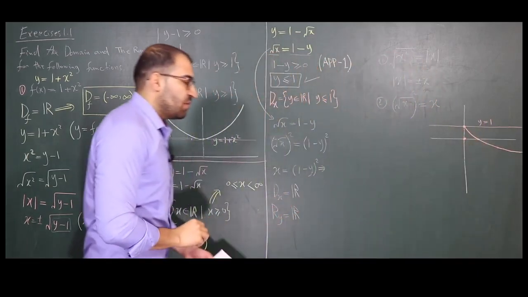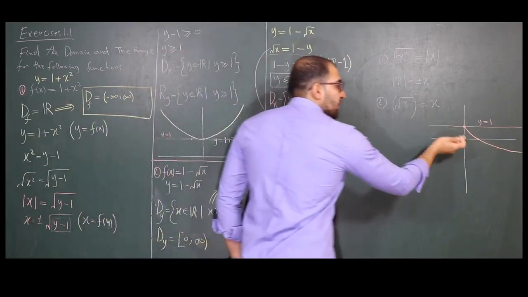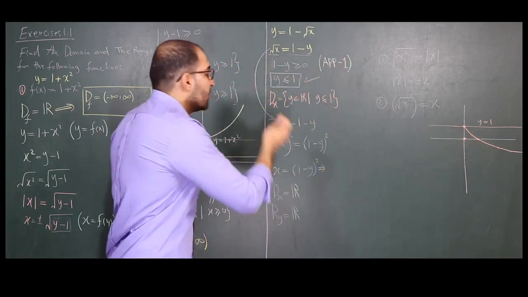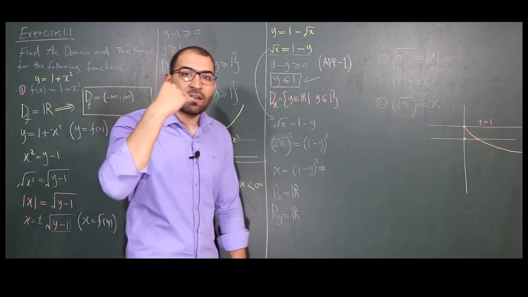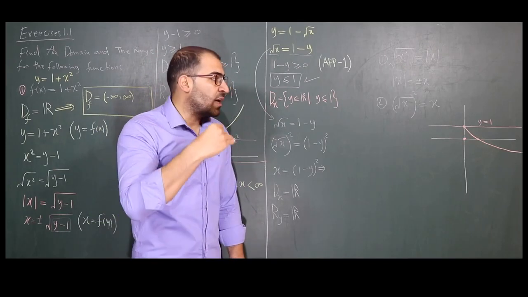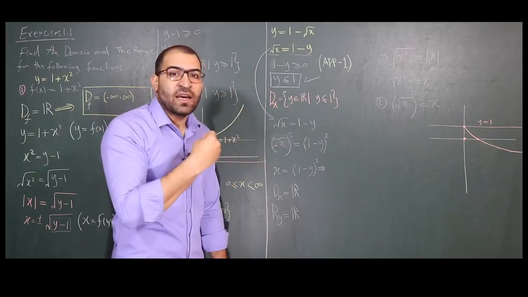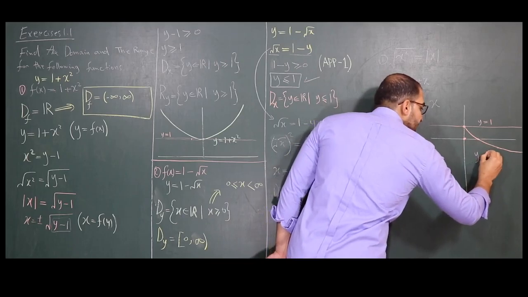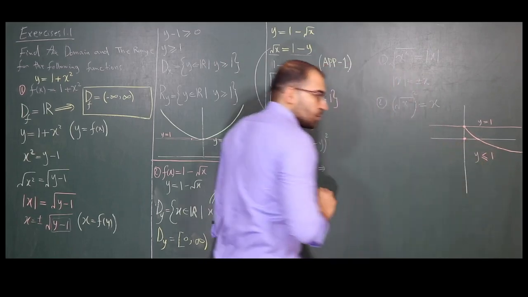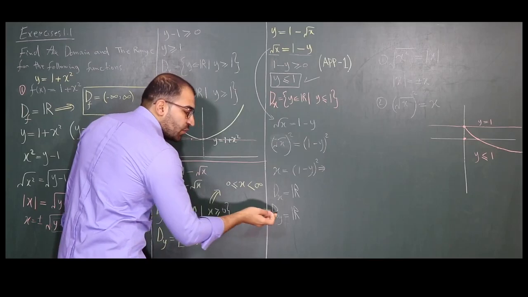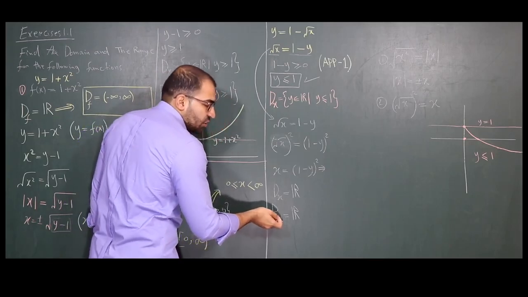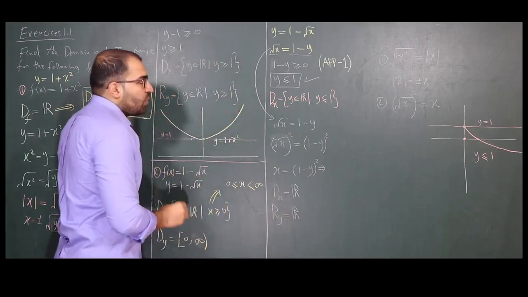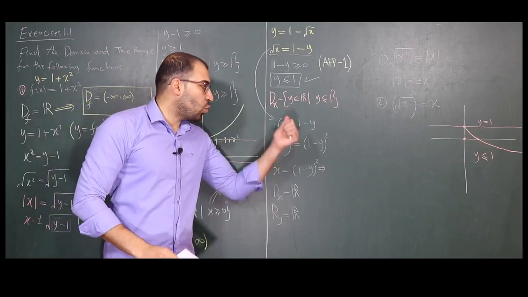This is the maximum value, and the output of this function is always less than or equal to 1. So the output y is always less than or equal to 1. So the range of the function cannot be all R. So how can we solve this problem?